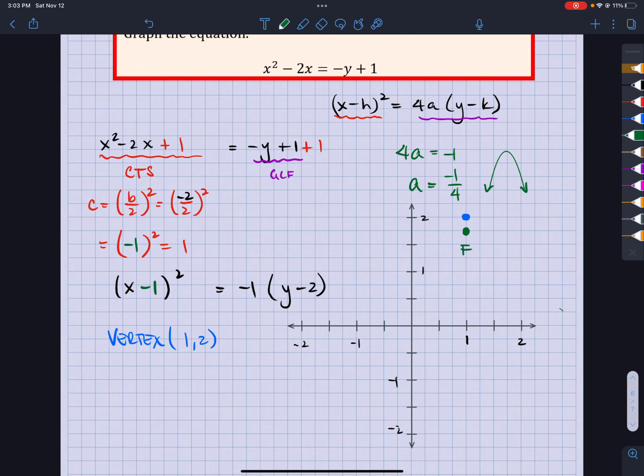And if I go up 1/4, that would be my directrix. Okay, because those are both A. Then I can go left and right 1/2, right? Twice the quarter. 1/2, which would be here and here. And this would be my latus rectum.